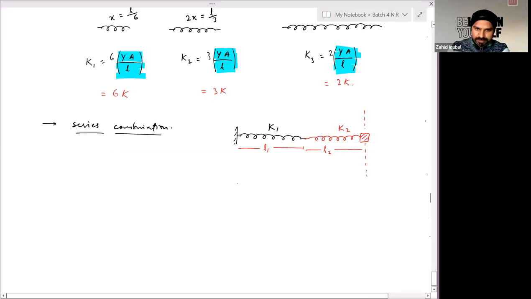Now, if you stretch the first spring to this part, the total length will become L1 plus X1.